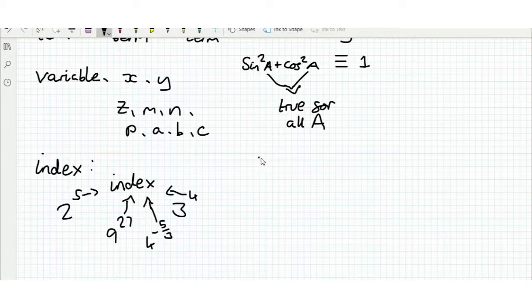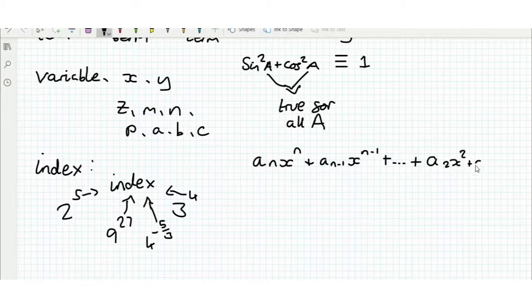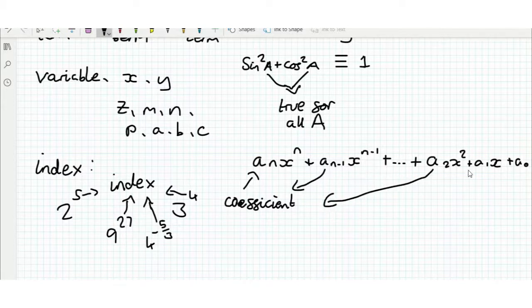So if we have a_n x to the n plus a_(n-1) x to the n minus 1, we keep going like that in that pattern to a_2 x squared plus a_1 x plus a_0. Well, a_n is a coefficient, and so is a_(n-1), so is a_2, so is a_3, a_4, you get the point.